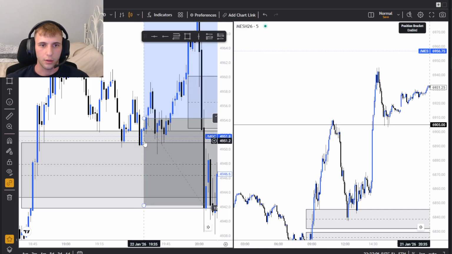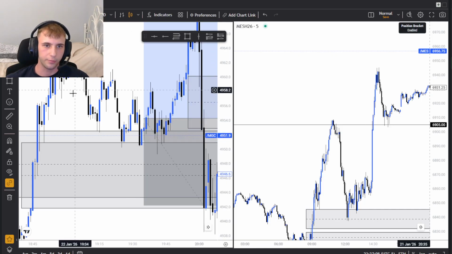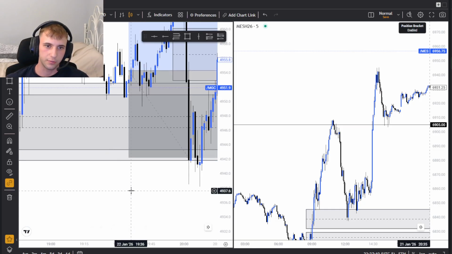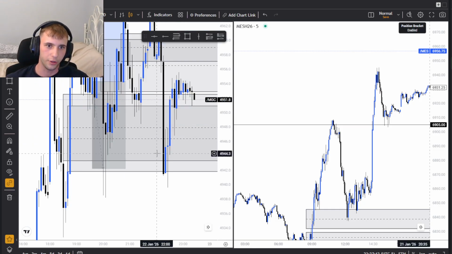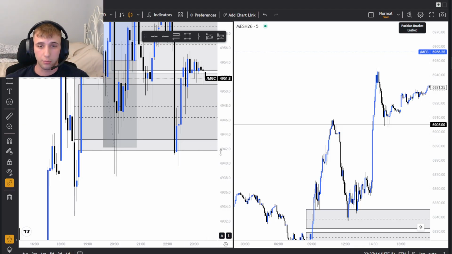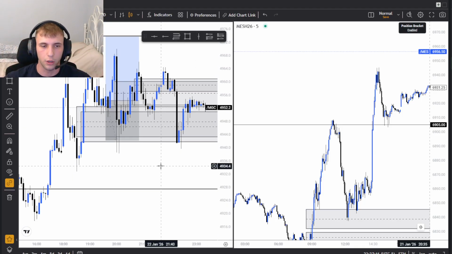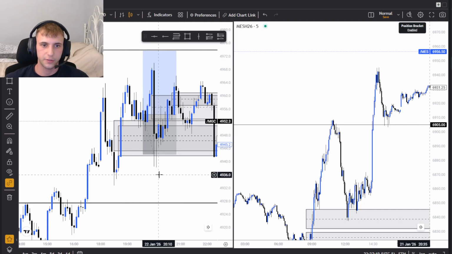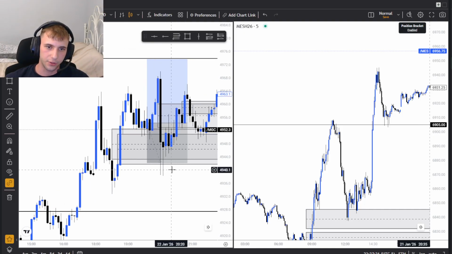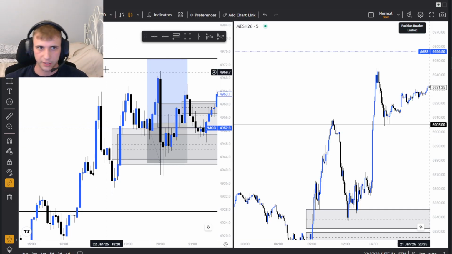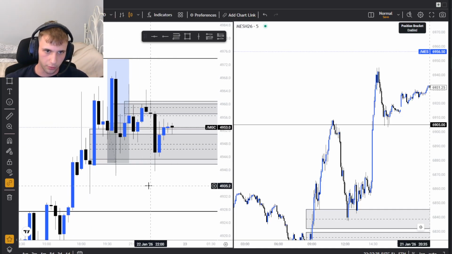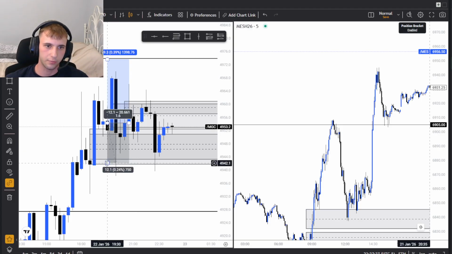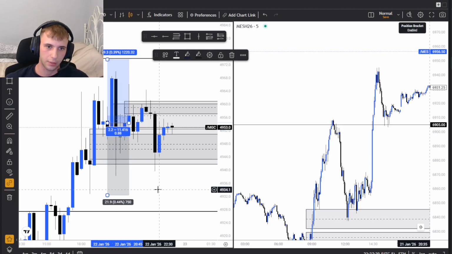Honestly, I just entered wherever because I saw it was choppy, and I just made sure my stops were below the most probable point of retracement for this. Obviously, I did not put my stops at the most probable point of retracement, because that would have been down here, I guess.